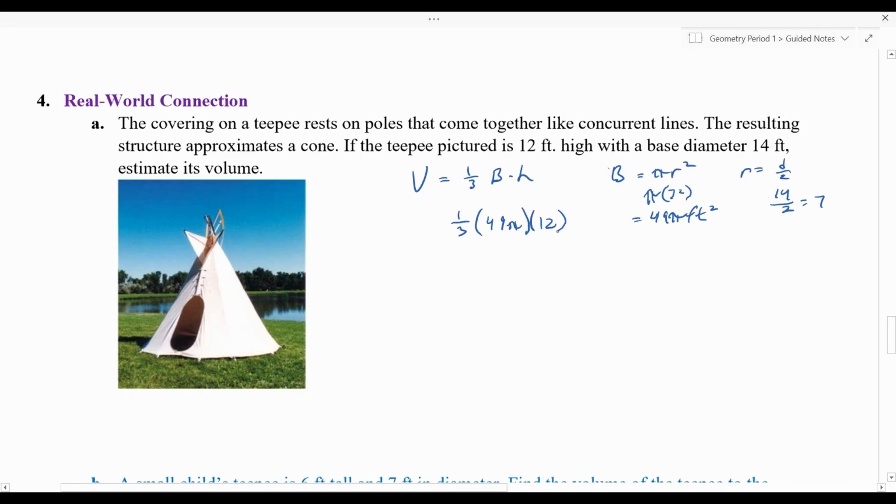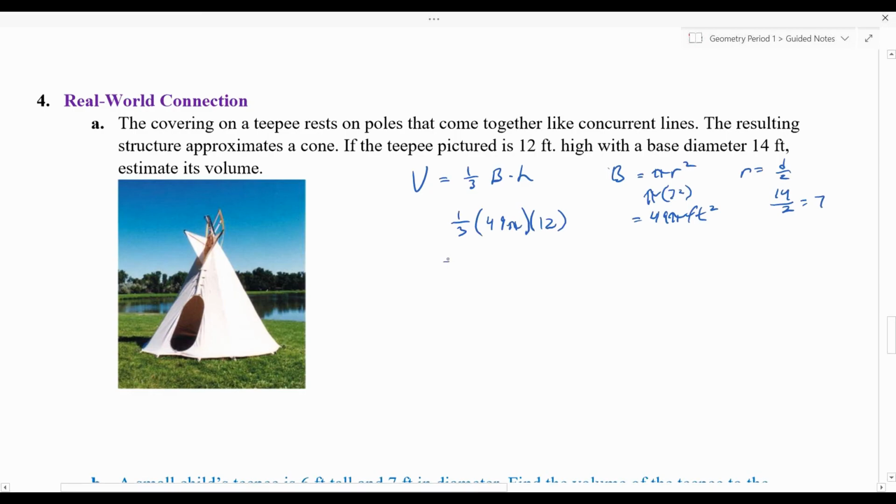Because it does not say anything about writing it in terms of pi or rounding it to anything in particular, I'm going to match my answer to whatever they gave me, which are whole numbers. The 12 is a whole number, the 14 is a whole number, so I'm going to approximate this to the nearest whole number.